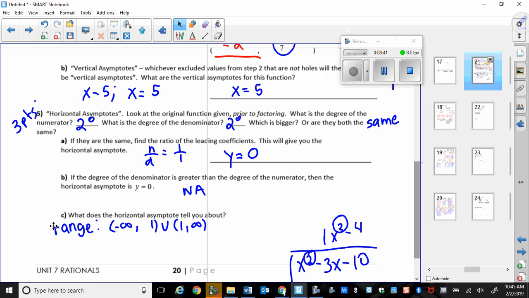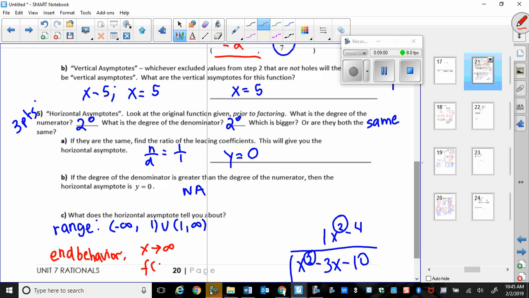It also tells you about the end behavior. When x goes to positive infinity, the y values, f of x, go to that horizontal asymptote. And when x goes to negative infinity, the y values go to that horizontal asymptote. So it tells you about the range and the end behavior of the function.